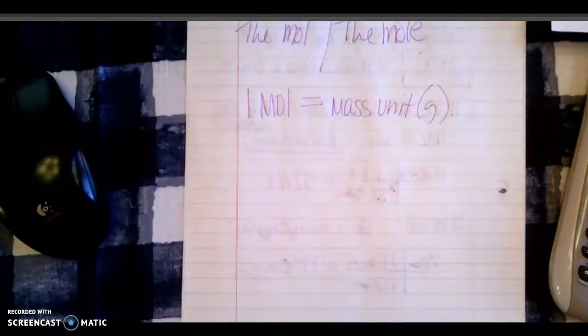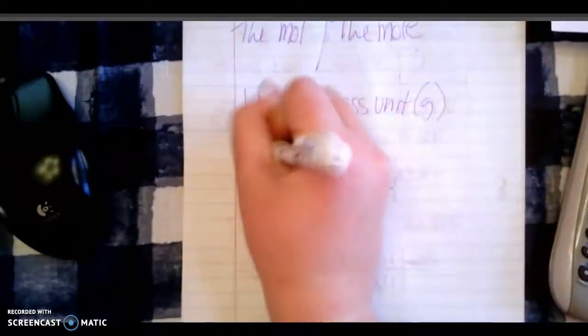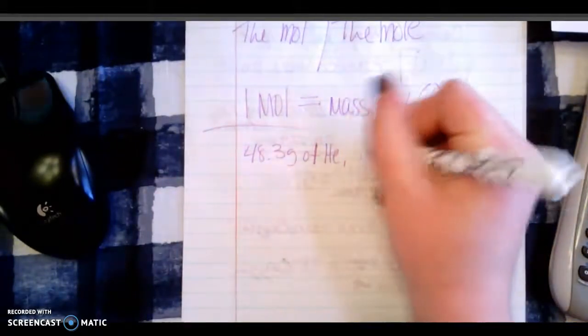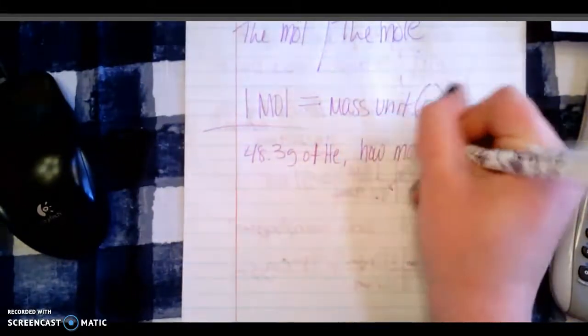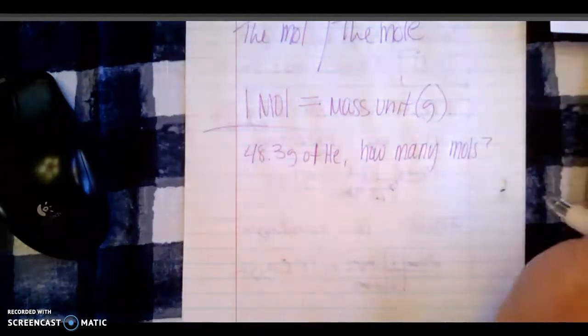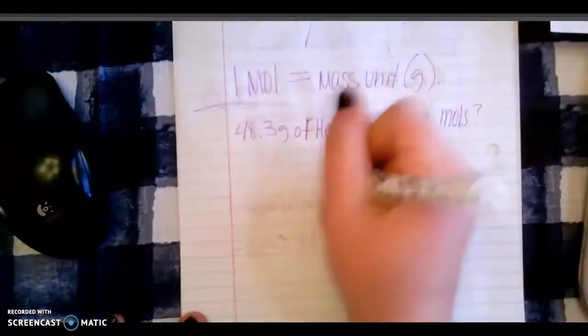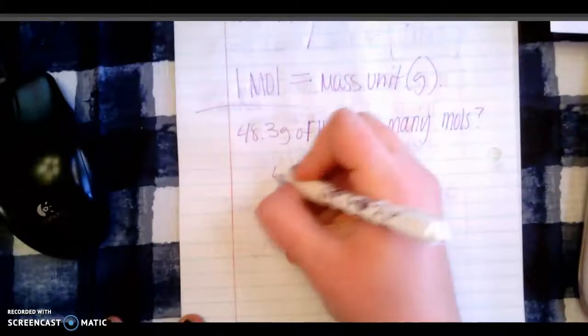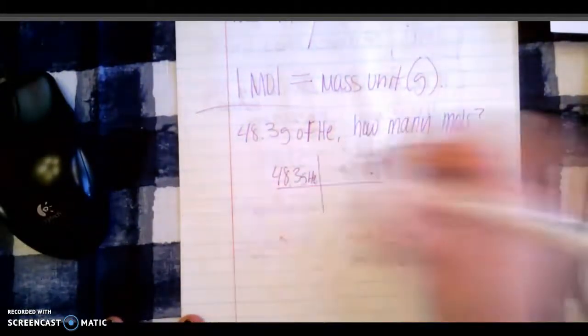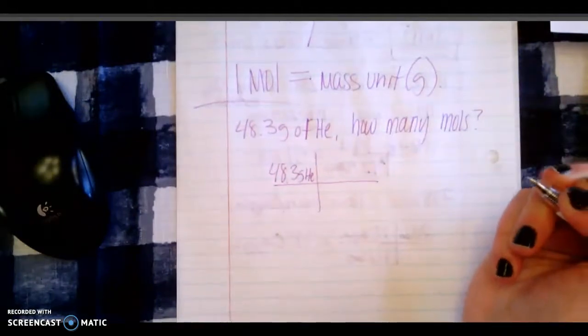So let's say that we have 48.3 grams of helium, and I want to find out how many moles that is. So how many moles are in 48.3 grams of helium? I'm going to draw my T-chart. I've got 48.3 grams of helium. I always like to over-label everything, that way I don't ever get lost.